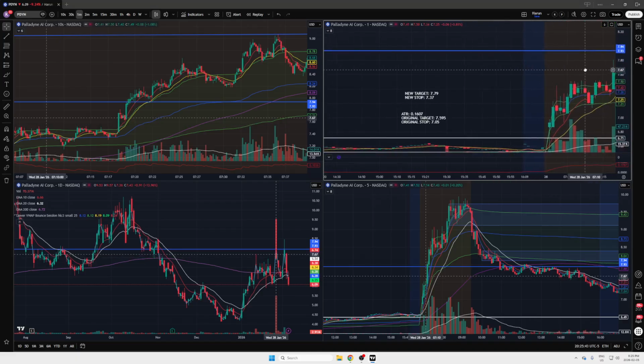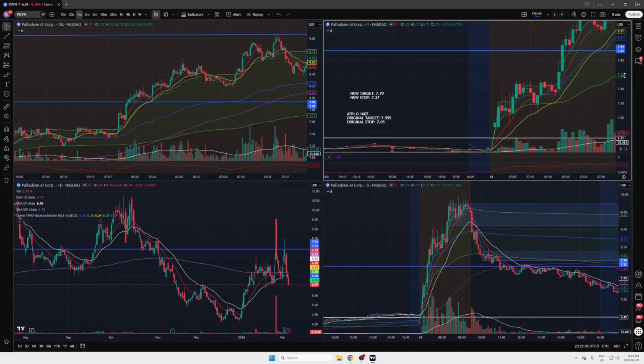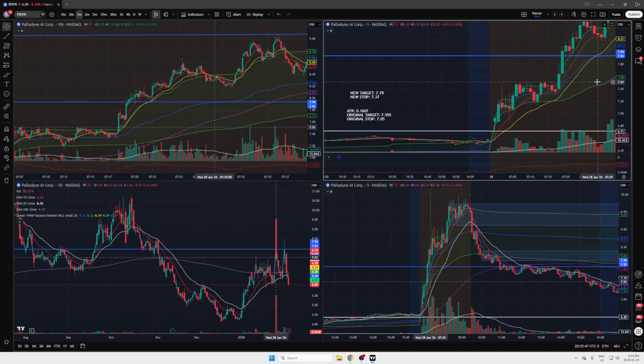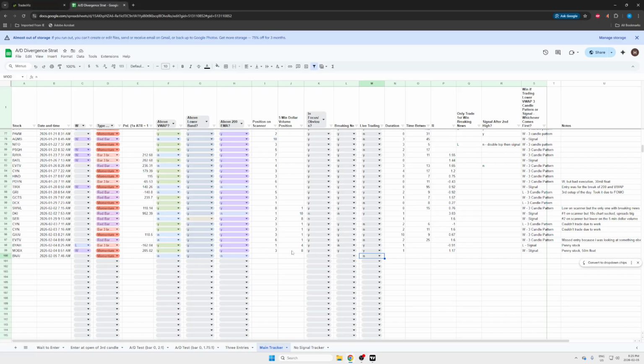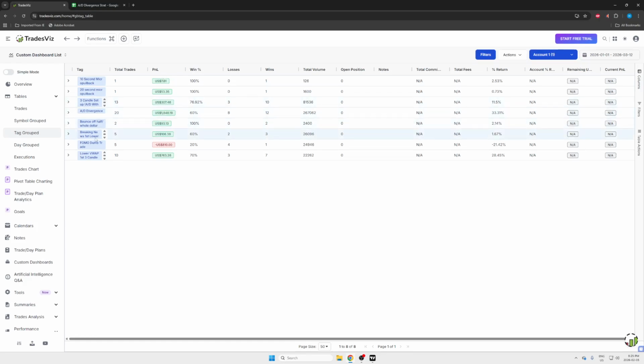It's based on the AD divergence 3-path system that I've created. I'll show you guys the stats for it so far. If I go to TradesViz, there it is: lower VWAP first 3-candle setup.